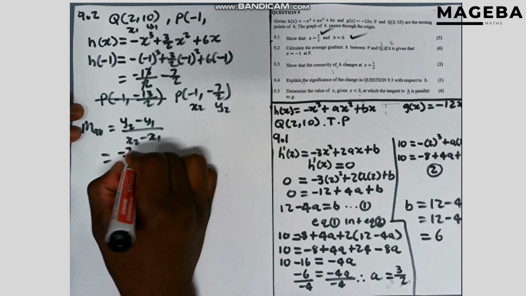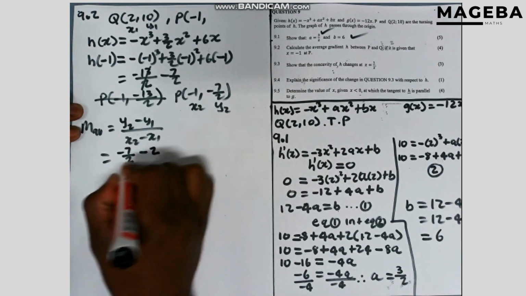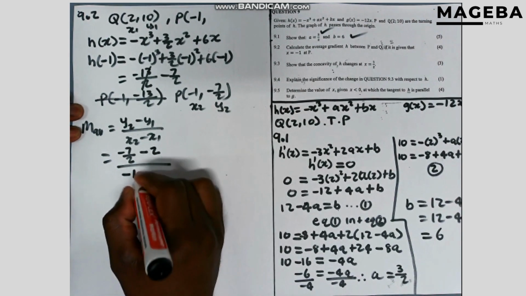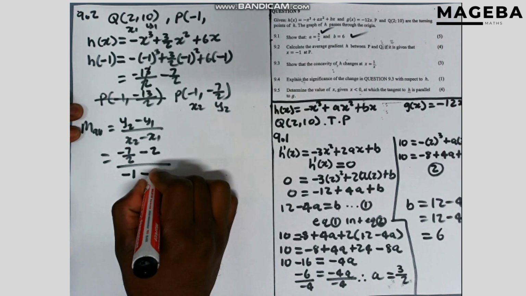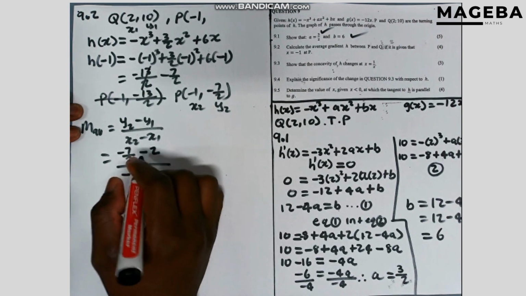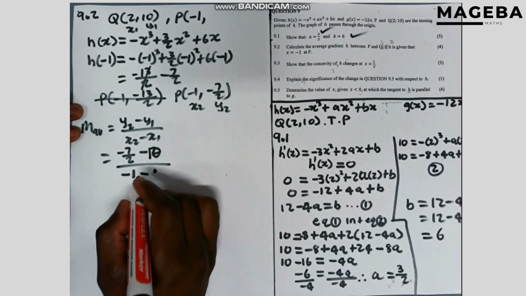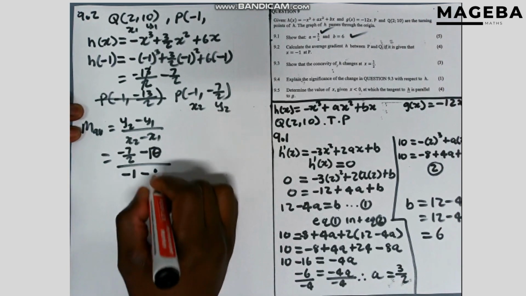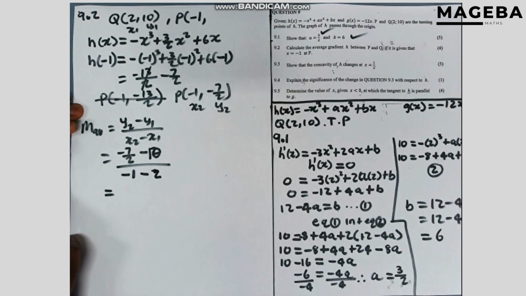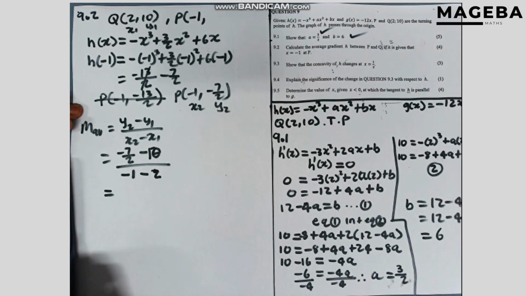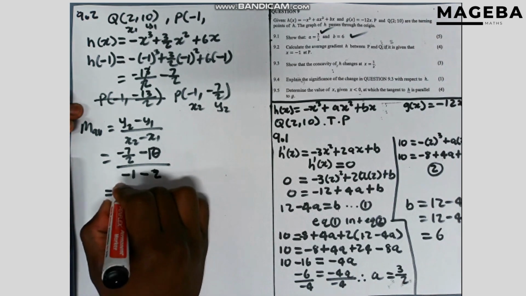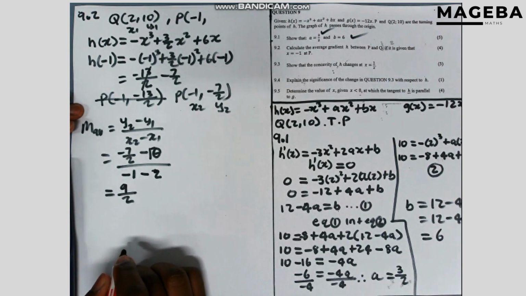So y2 is negative 7 over 2 minus 10, this one is y1, all over x2 is negative 1, minus x1, which is 2. Okay, and then we are going to have negative 7 over 2 minus 10 all over negative 1 minus 2. So the average gradient is 9 over 2.